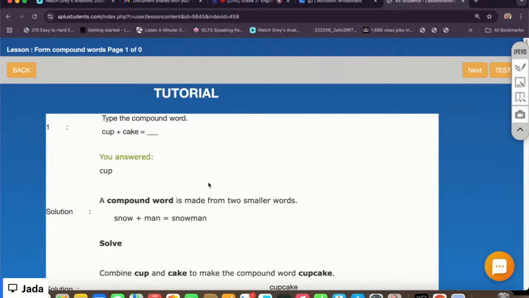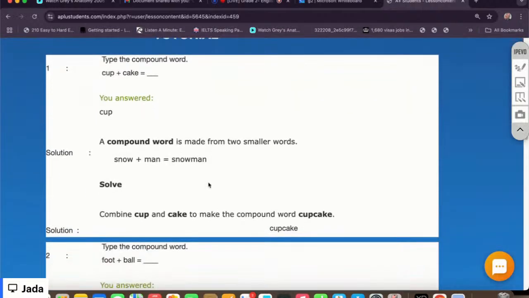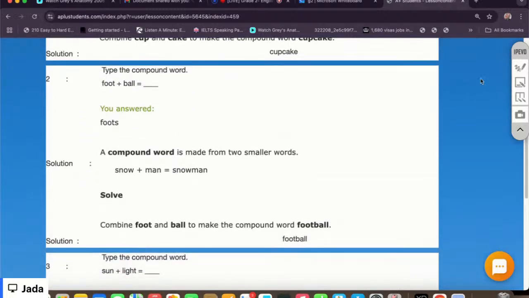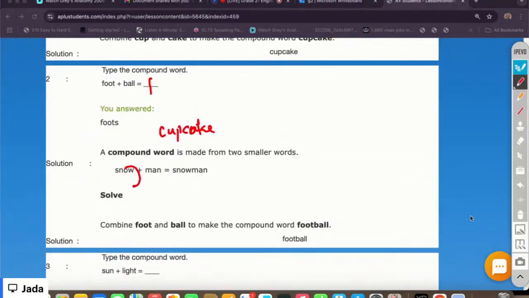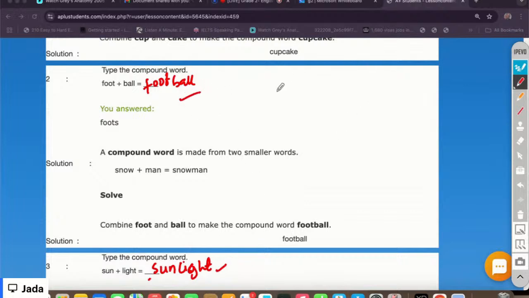We have snowman also. Okay, so we have football here. We have sunlight. So it's sun plus light, and you have sunlight.